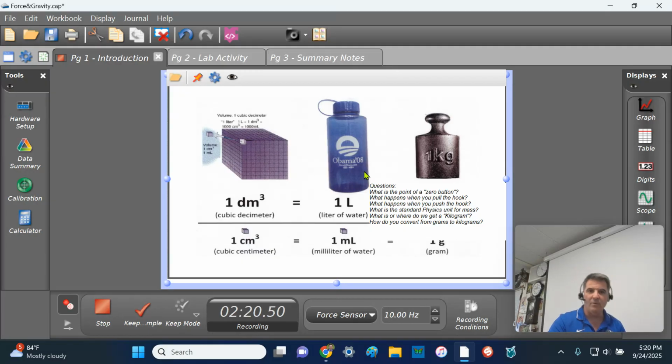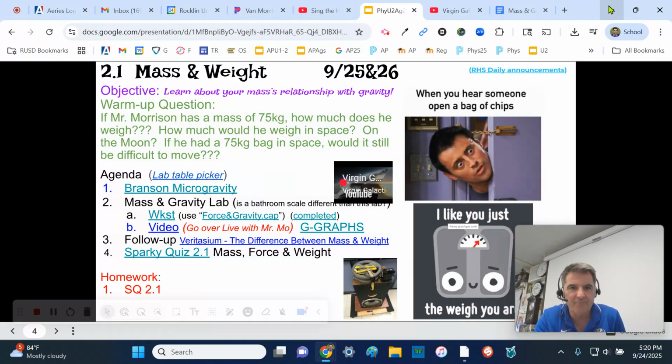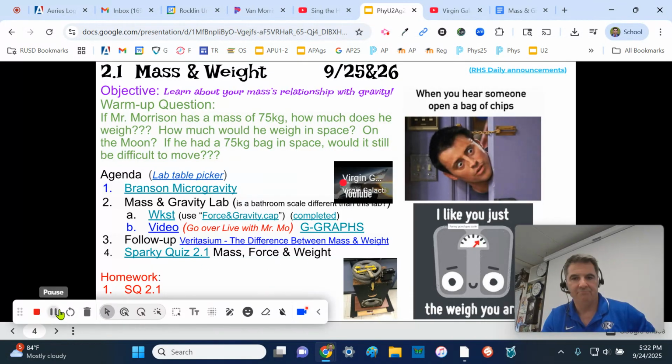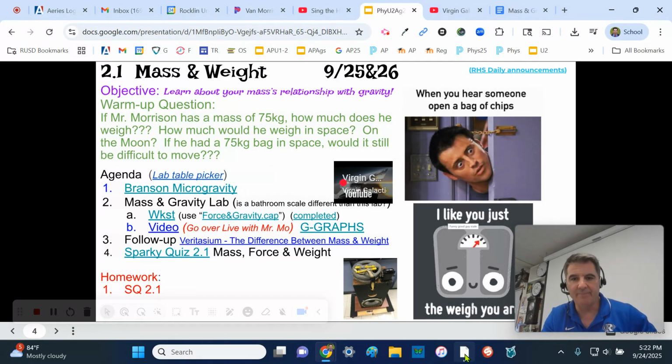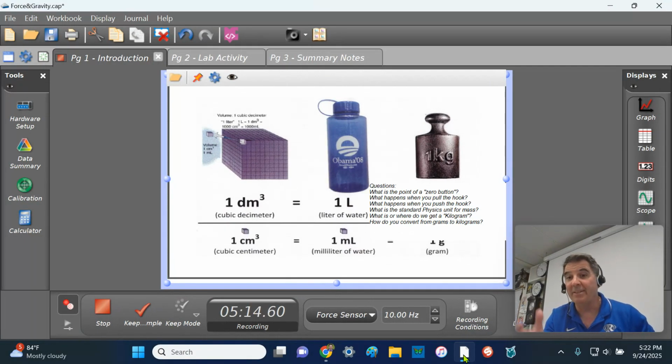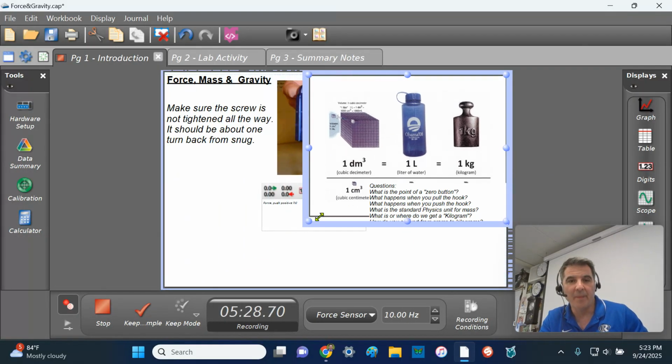I actually have one somewhere over in the other part of the room. I'm going to go grab it real quick. Nope, I couldn't find it. I must have moved it during the summer, and now I don't know where it is. But anyways, you get the idea. It's that big of a block of water. Water is usually in a little jug, so you don't normally see it in a block, but that's 1 kilogram.